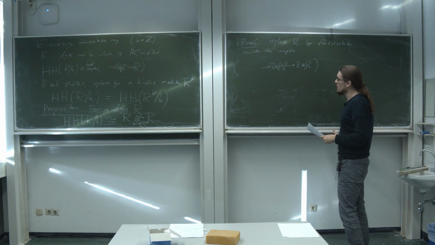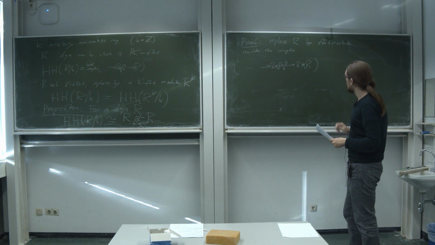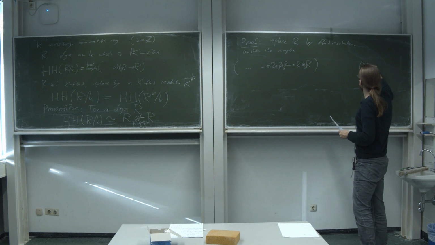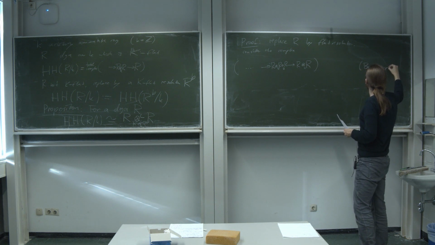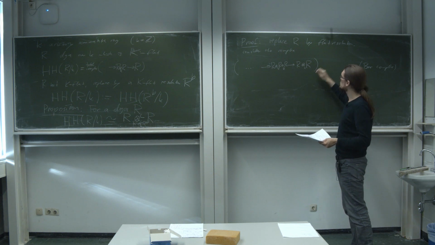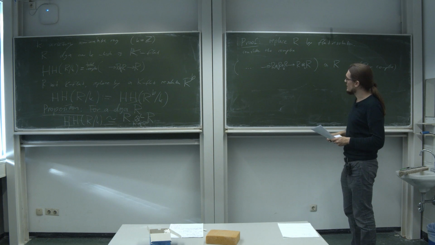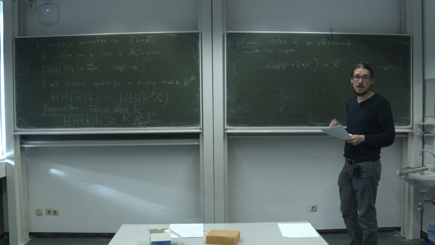This is what's called the bar complex, and it's a standard lemma that the total complex of this bicomplex is in fact quasi-isomorphic to R.